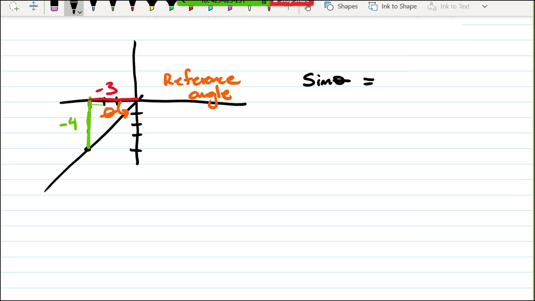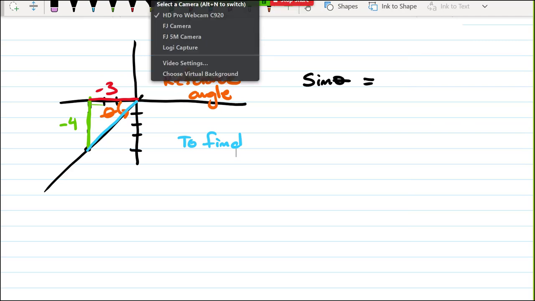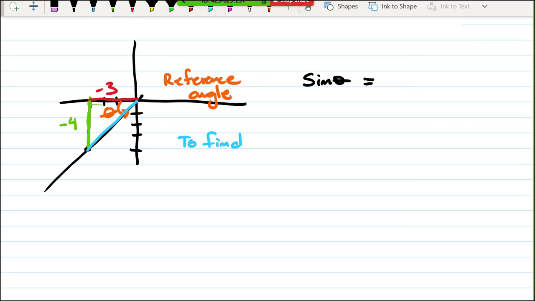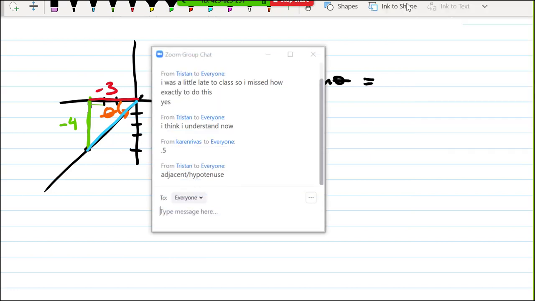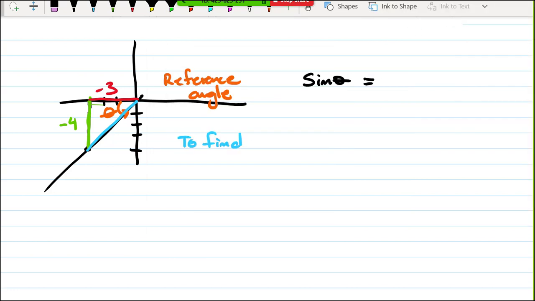So to find the hypotenuse, we're going to use the Pythagorean theorem.